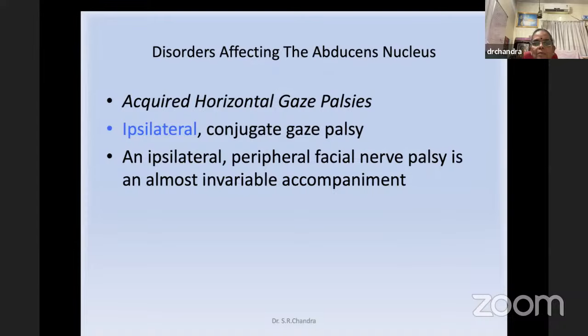And ipsilateral peripheral facial palsy is an almost invariable accompaniment of a sixth nerve nuclear lesion, because you know that the facial colliculus is formed by the facial nerve fibers going around the sixth nerve nucleus. So nuclear sixth nerve palsy is usually clubbed with seventh nerve palsy, and it can be clubbed with gaze palsy because of the PPRF, which is close to that.